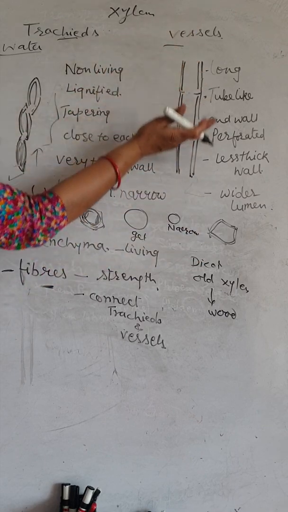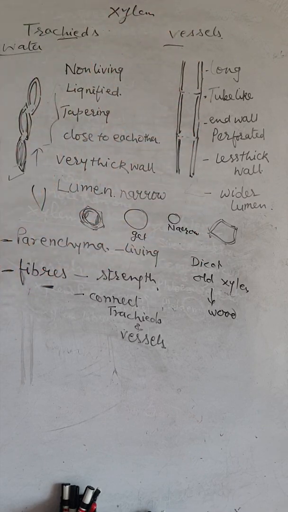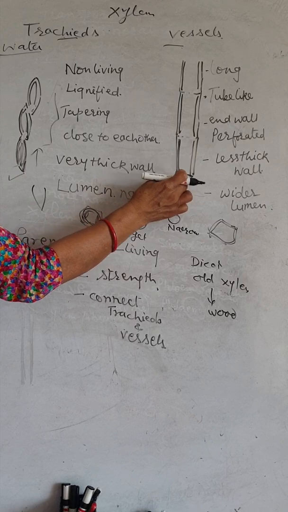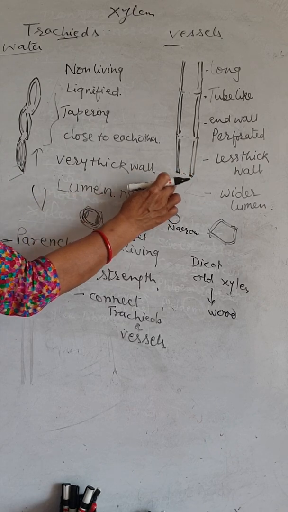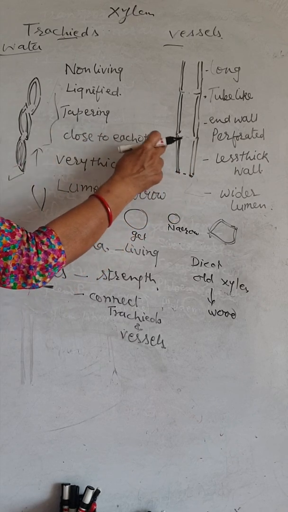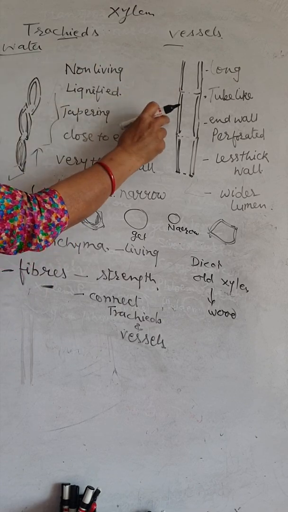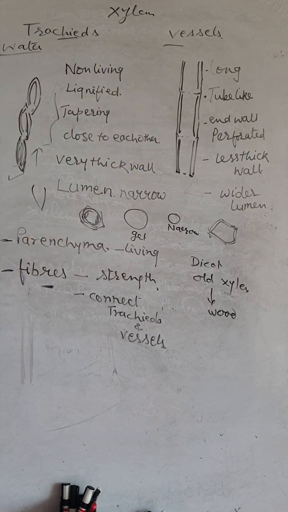So there is continuous flow of water and minerals along that. The end wall has perforations or pores in it. The walls are less thick. The lumen is wider. Both help in conduction of water.